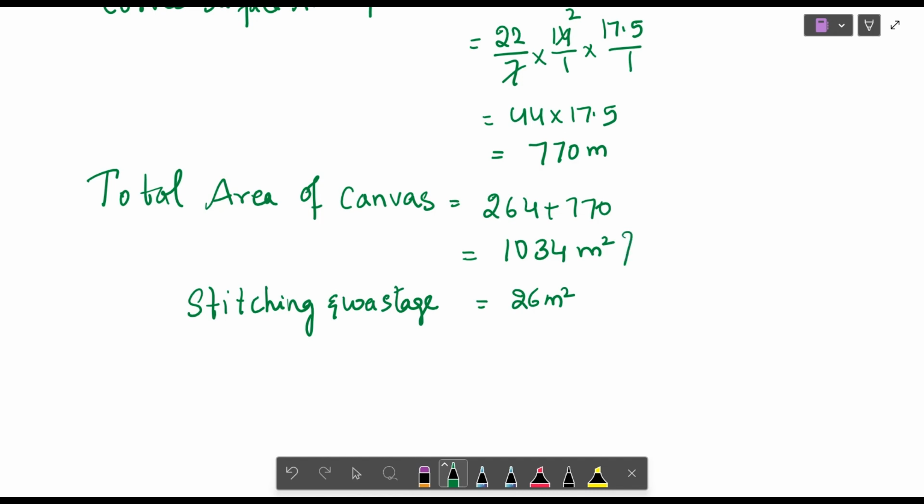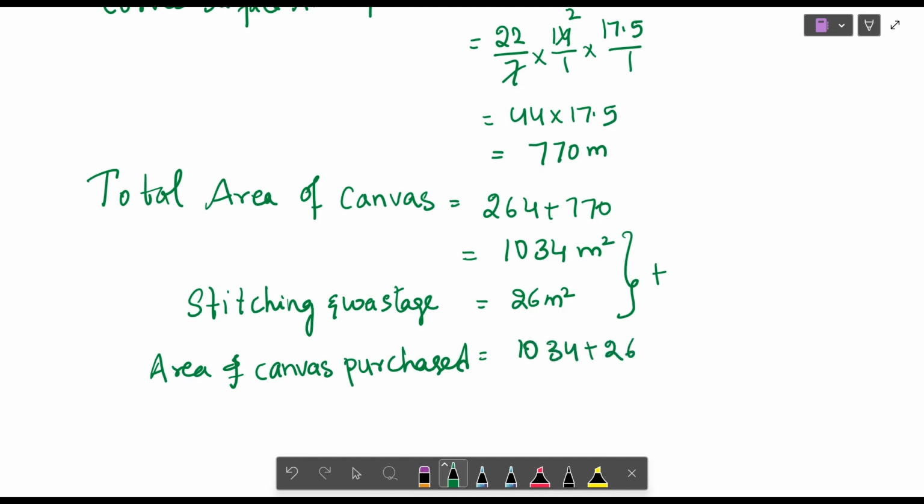You add these two. How much will you get? So the area of canvas purchased is equal to 1034 plus 26. How much? 1060 meter square.